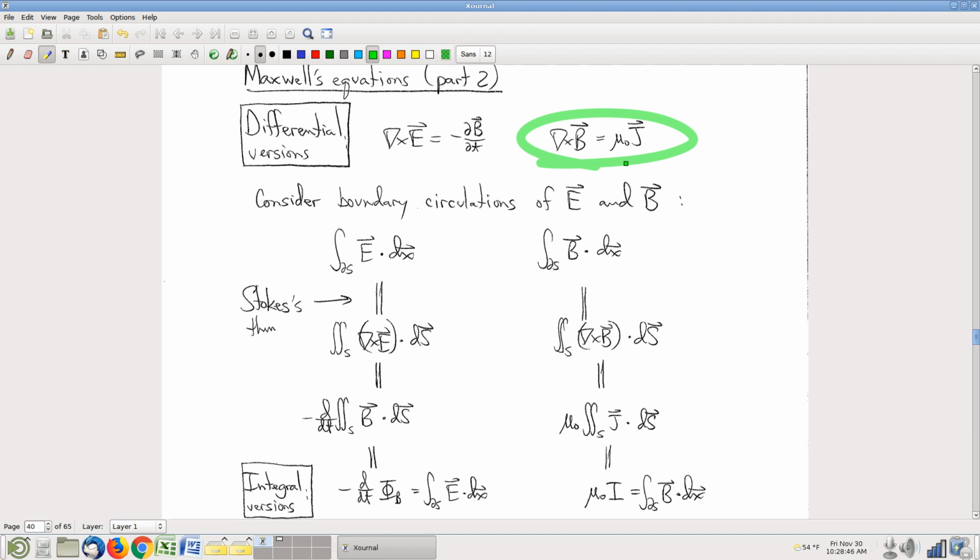All 4 involve the divergence and the curl of the electric and magnetic fields: 2 operators, 2 physical vector fields, 4 resulting equations. This one is about the curl of the magnetic field. This is equation number 4, from the previous page, and we made the observation that it can be rewritten by way of Stokes' theorem as that.